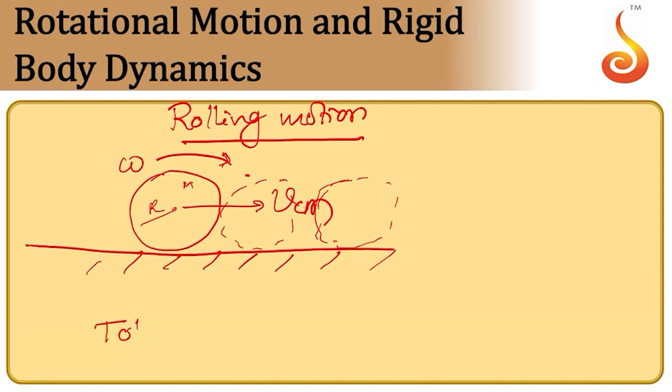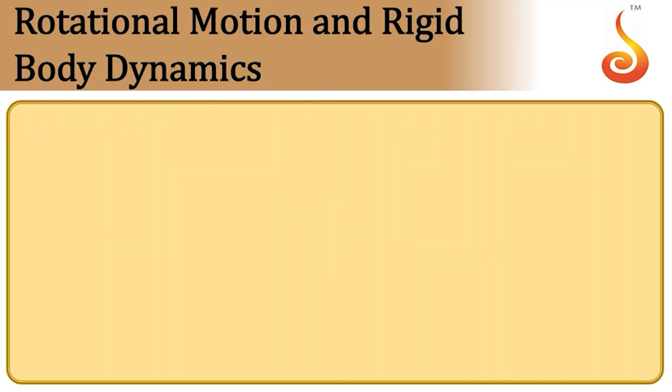So the total kinetic energy comprises translational kinetic energy plus rotational kinetic energy. Translational kinetic energy is half mv square. Rotational kinetic energy is half I omega square. Remember, this I is measured about the center of mass. V is the velocity of center of mass. So you can simplify it further.